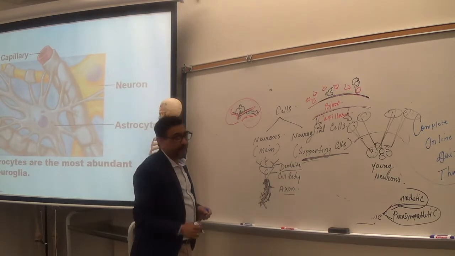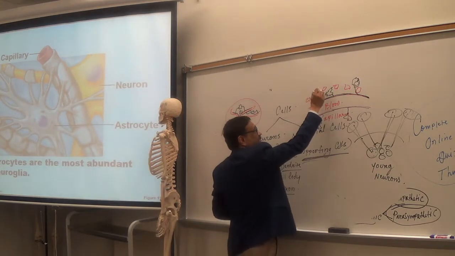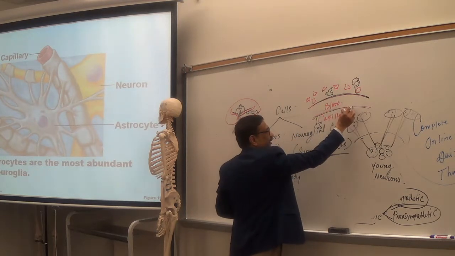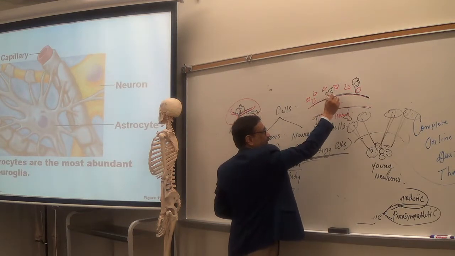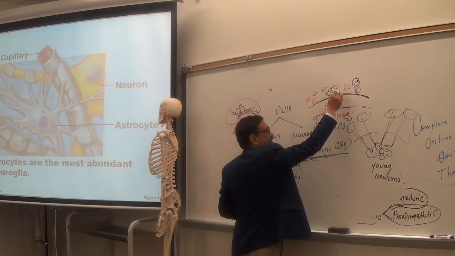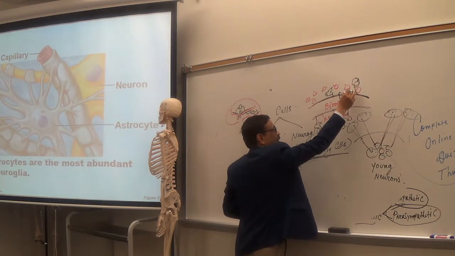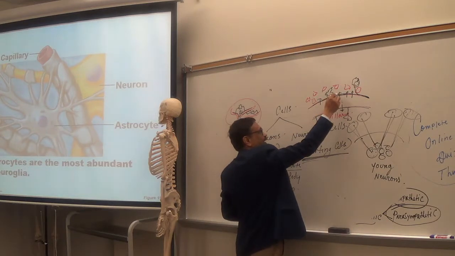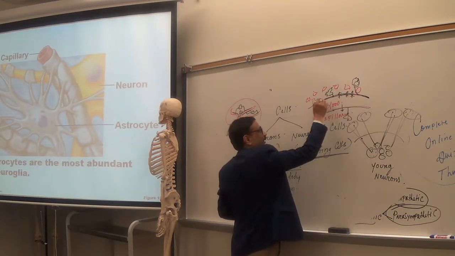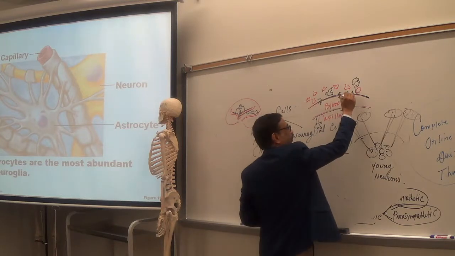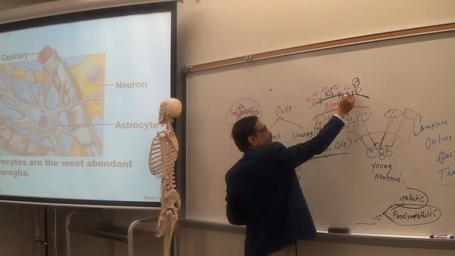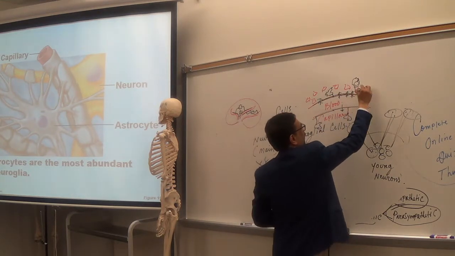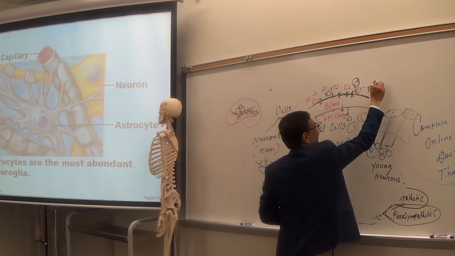In your brain, brain tissue is highly sensitive. So that extra layer around the capillary of the brain is given by the astrocyte, and that prevents certain chemicals from getting out from the blood into the brain tissue and protects the brain. That's why it is called the blood-brain barrier: the capillary wall and the astrocyte layer is called the blood-brain barrier.